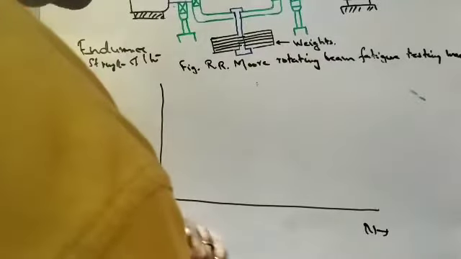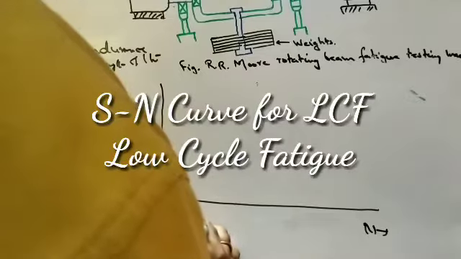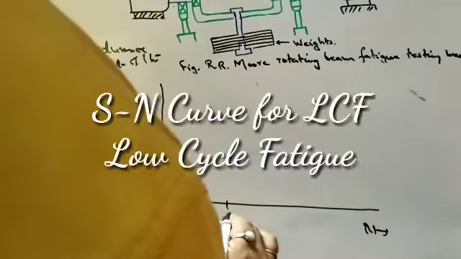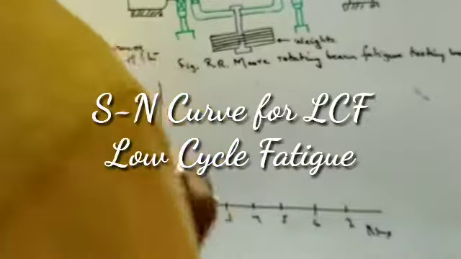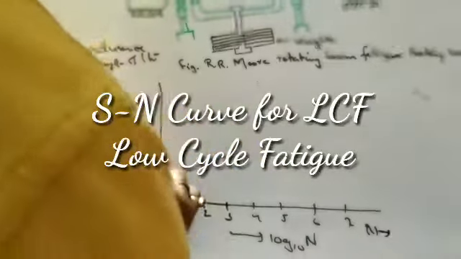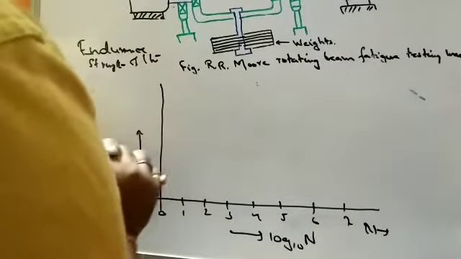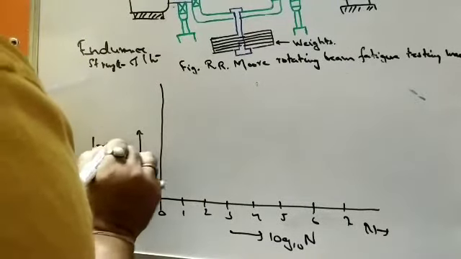Here it will start from 0, then 1, 2, 3, 4, 5, 6, 7, and continues. Here it is log base 10 of N, and here it is log of stress.